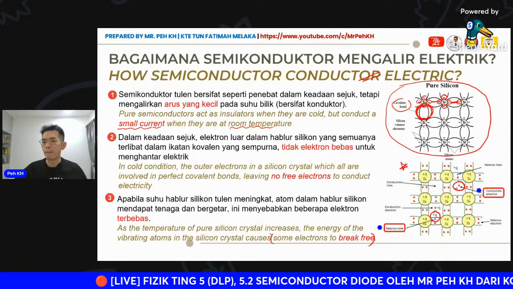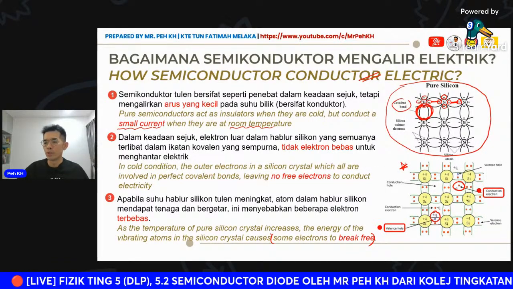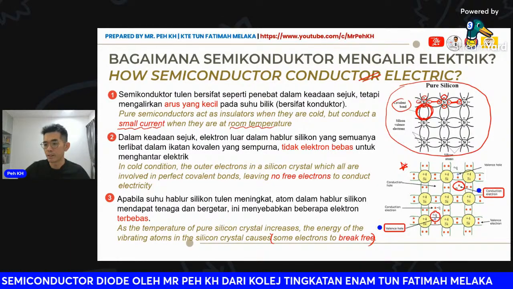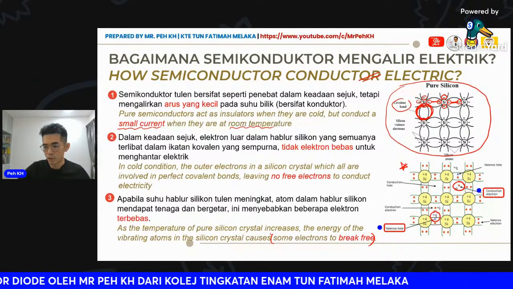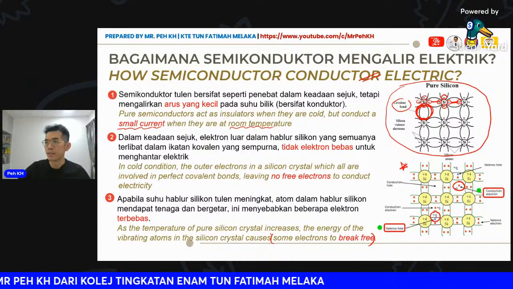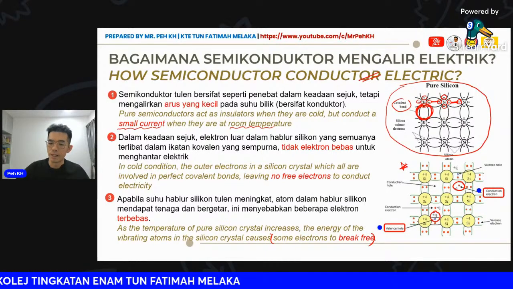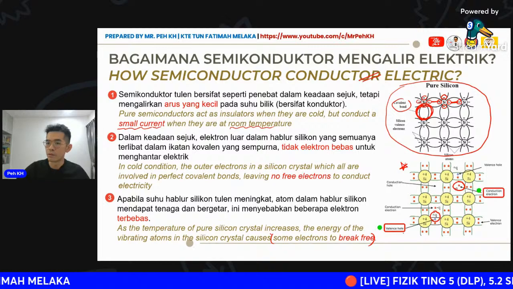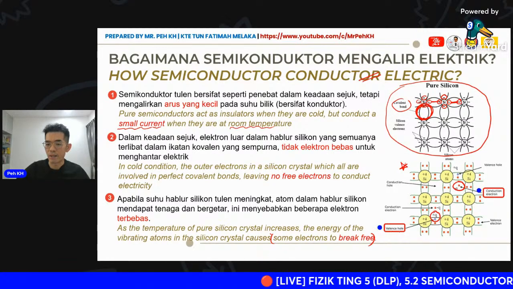Through this figure, there are 2 carriers produced: the conduction electron, which is negatively charged, and the other one, a positive carrier, which is the valence hole.